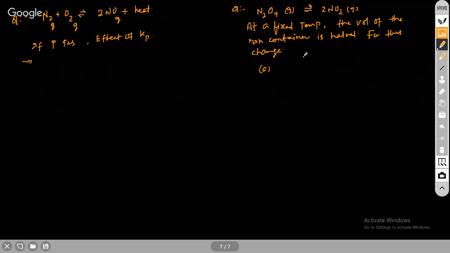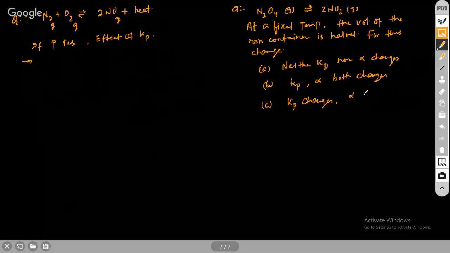Option A: neither Kp nor alpha changes. Option B: Kp and alpha both change. Option C: Kp changes, alpha constant.